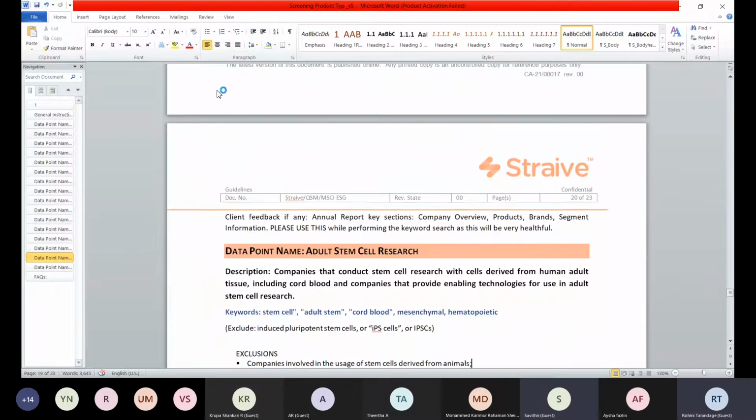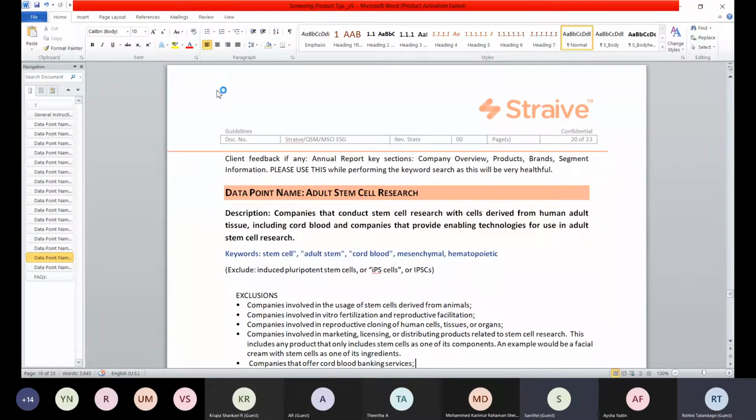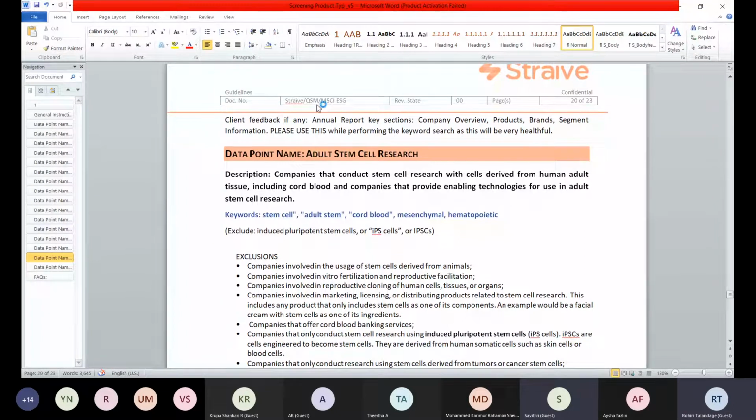Okay. So we have the last data point in screening, adult stem cell research. Now in this, we have to check whether that company conducts any stem cell research with cells derived from human adult tissues, including cord blood, and also companies that provide technologies for use in adult stem cell research.